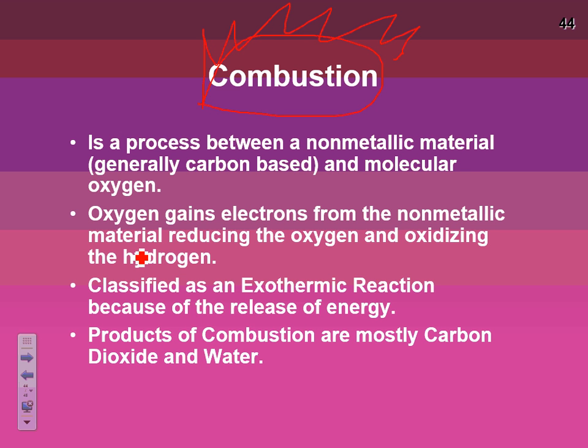Generally speaking, like we talked about with methane at the beginning of the lecture, methane will give up electrons to oxygen. That's why water is formed. And then carbon will gain oxygen and form carbon dioxide. Combustion is generally classified as an exothermic reaction. We talked about that at the beginning of the unit, so make sure you review that term, because of its release of energy. Products of combustion are mostly carbon dioxide and water.